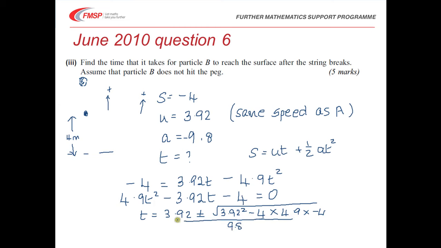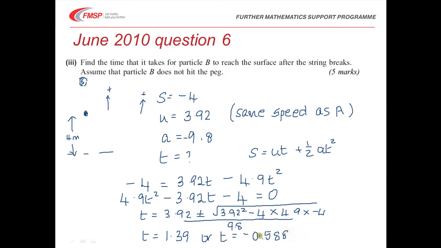Now if you do that and work it all out, then you'll get two answers, as you would expect with a quadratic. One is 1.39 to three significant figures, or alternatively t equals negative 0.588.